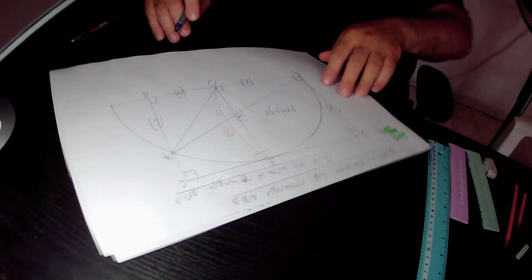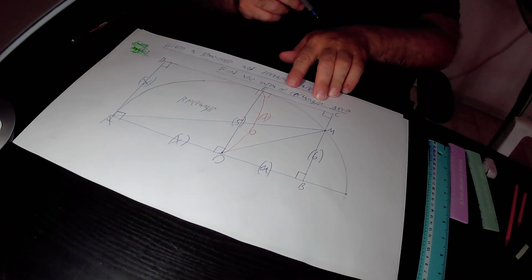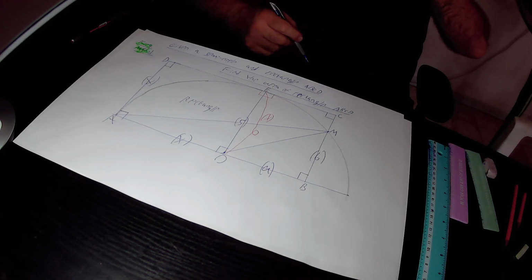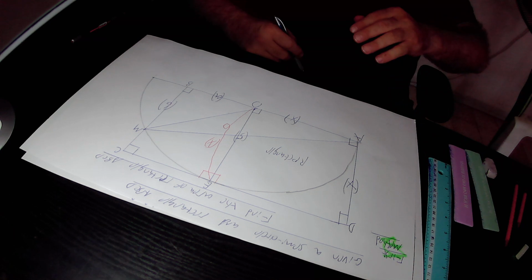And we implement the Pythagoras theorem on this right triangle MOB. According to the Pythagoras theorem, in any right triangle, the square of the hypotenuse equals the sum of the squares of the perpendicular sides.